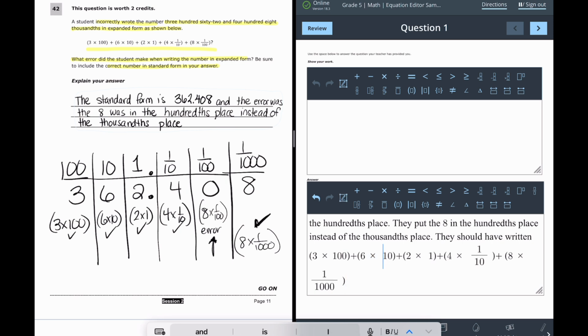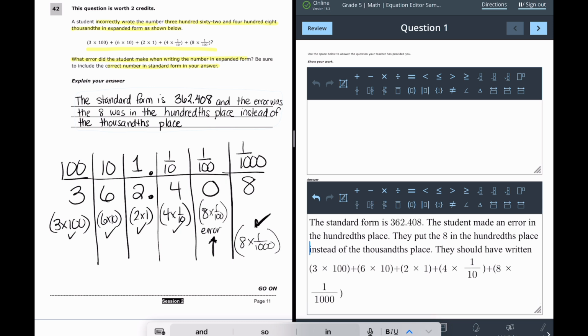Okay, so there we have it. I'm going to reread it in a second, just making sure that I have enough space for everything. Yep, all right. So let's reread our answer one more time just to make sure it makes sense. The standard form is 362 and 408 thousandths.